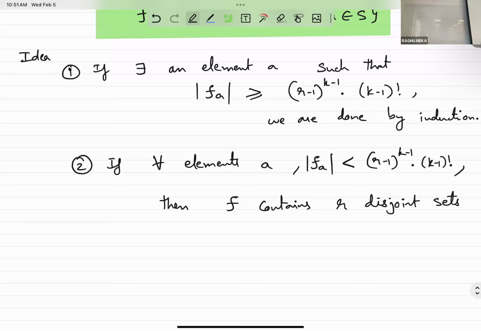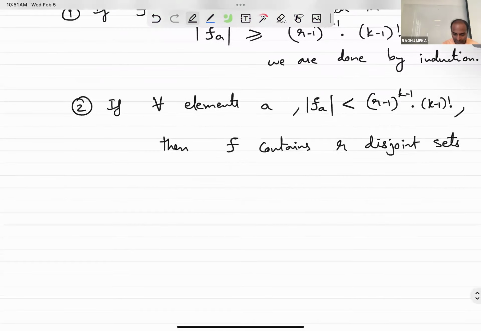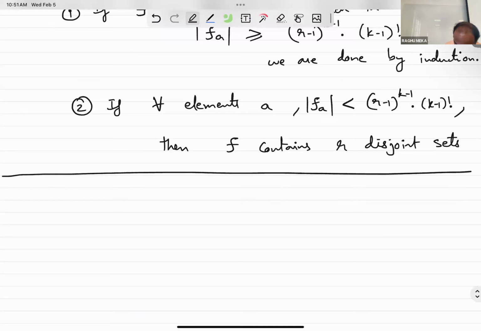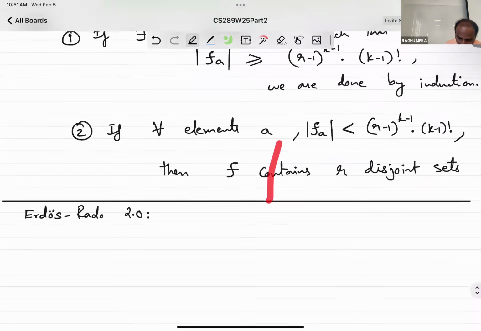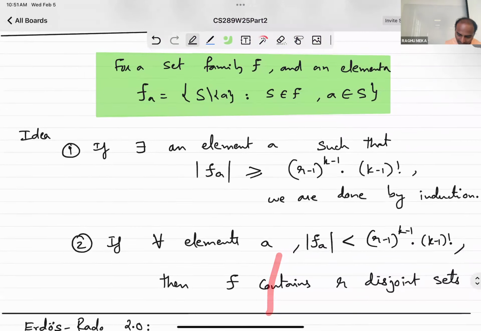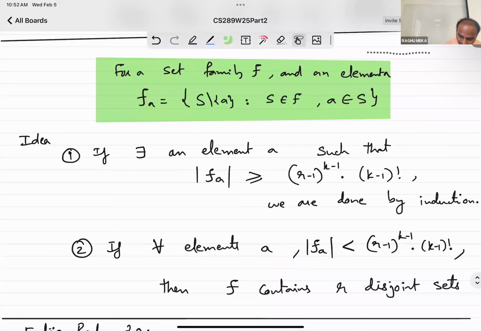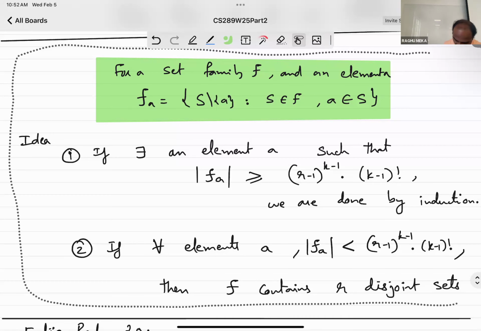And of course, here there's nothing special about a single element A, right? Maybe if I try to pick out 2 elements, I can do better. Maybe 3 elements, I can do better, and so on. So one first attempt could be something like this. I'm going to follow the same template.